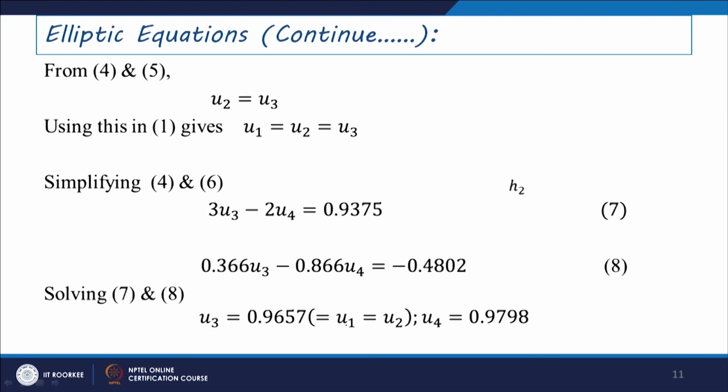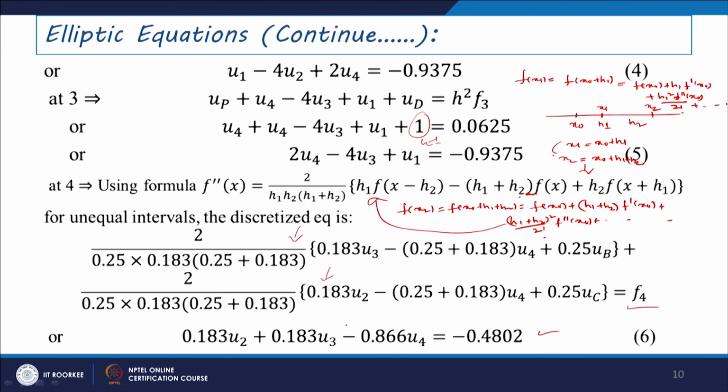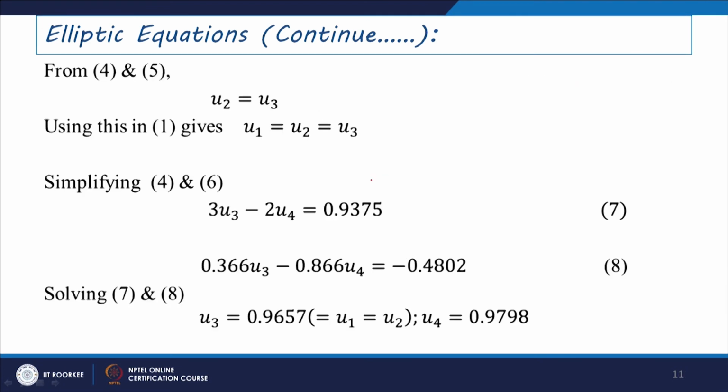If you consider these two equations 4 and 5, you can find that 2 u4 remains the same, and u1 remains the same. So if you compare these coefficients, we get u2 equals u3. If you use this in the first equation, we get u1 equals u2 equals u3.